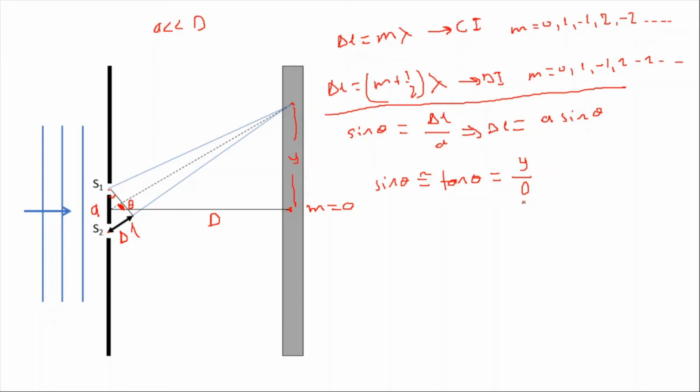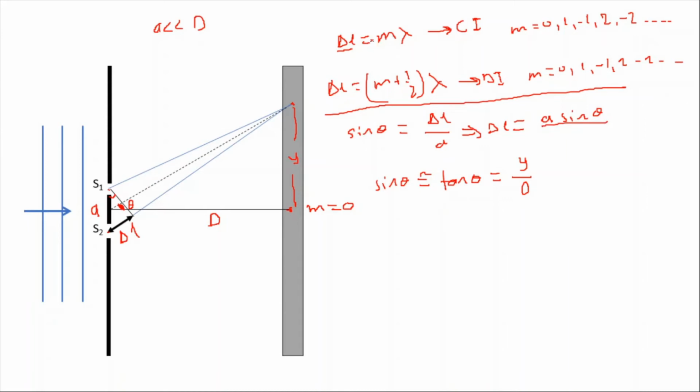So for the bright fringes we can find the place of the bright fringes, I mean this distance, by combining this formula, sine theta equals y over d, with, for example, this one. We know that delta L is equal to m lambda, and this delta L is equal to a sine theta.